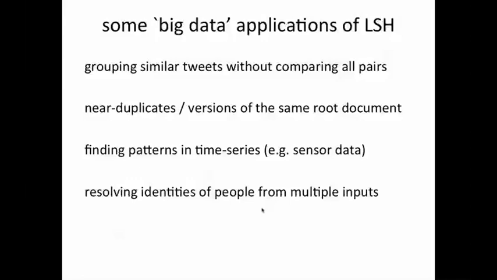Another example is figuring out which Twitter IDs match which Facebook IDs and which LinkedIn IDs and which email IDs. Now, this is private information which people want to keep separate, but there are many companies which are engaged in figuring out, using concepts like LSH, which identities actually should be clubbed together and are very likely to be from the same person.